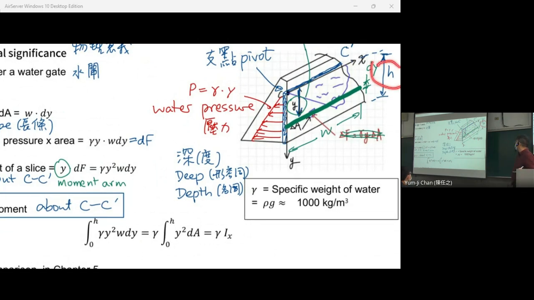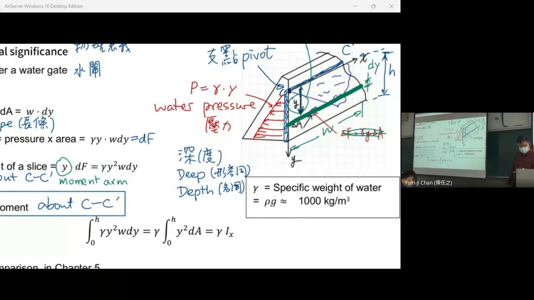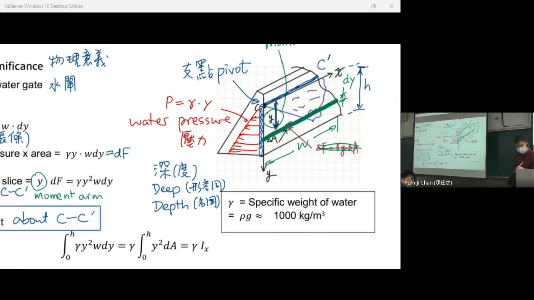Okay, this is H. So the total moment about C and C prime is an integration from 0 to H. Because y is taken downward as positive, y equals 0 is here, and y equals h is here in this problem. So we do this integration from 0 to h.